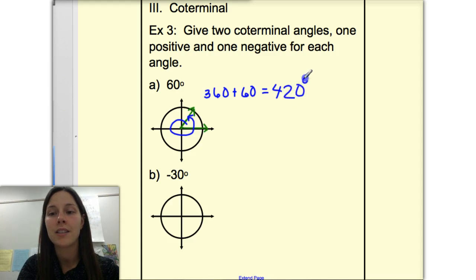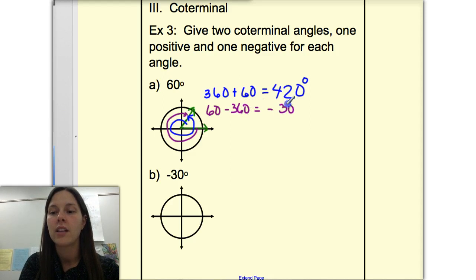So that is our positive coterminal angle. To get our negative coterminal angle, think about starting with the initial ray and this time rotating in the negative direction to get the 60 degrees. So you take 60 minus 360 degrees to get your negative coterminal angle of negative 300 degrees.